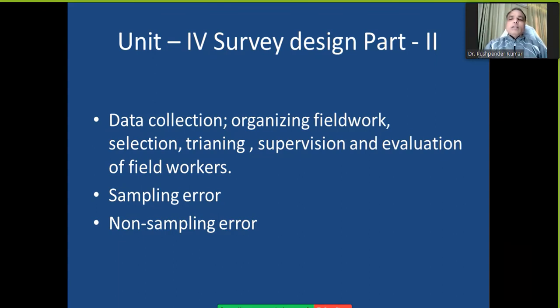So here we need to keep eyes on this process: selection, training, supervision, and evaluation of field workers, because they actually represent your work and your information to the respondent. This is their duty. The way you want this message to be communicated to the respondent, the same manner they should understand and communicate as a field worker.